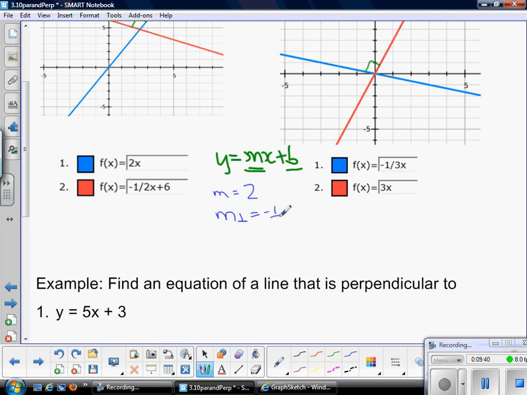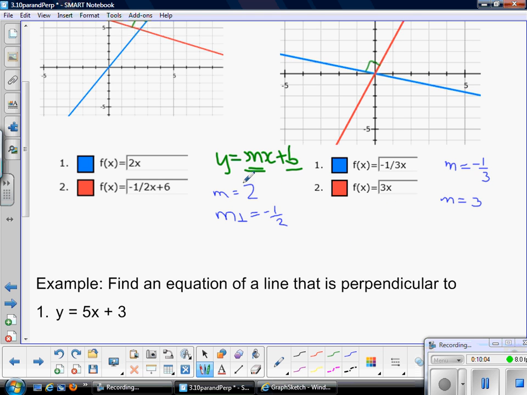And if I look at the slopes over here, this slope is negative 1/3, and this slope is 3. So hopefully you're starting to recognize a pattern. One's positive, one's negative, one's negative, one's positive. So it looks like the sign, whether positive or negative, is important.